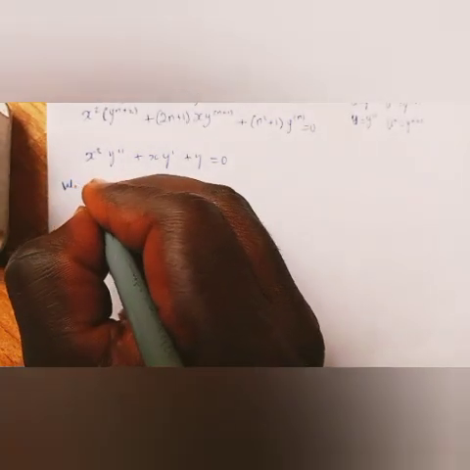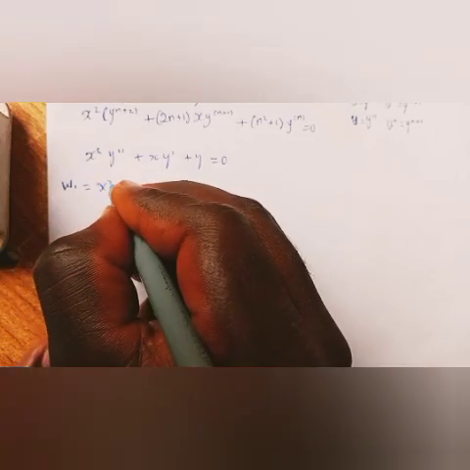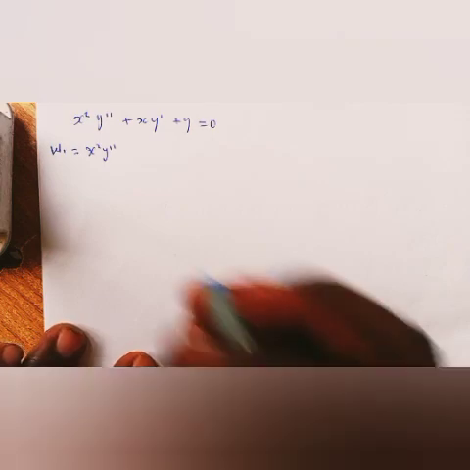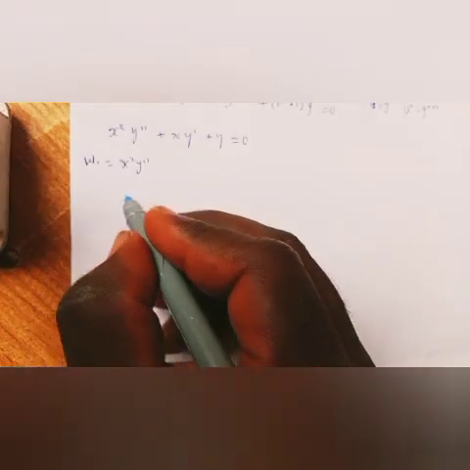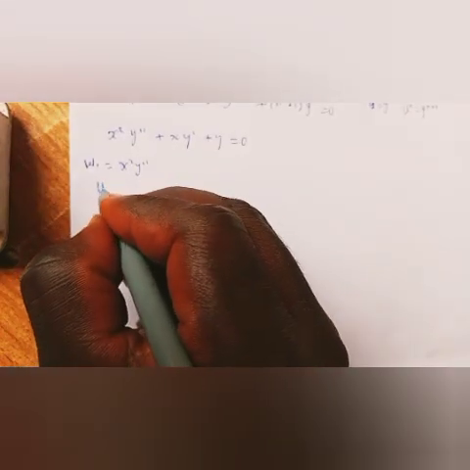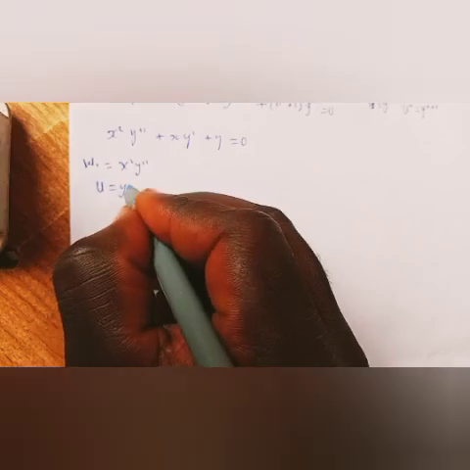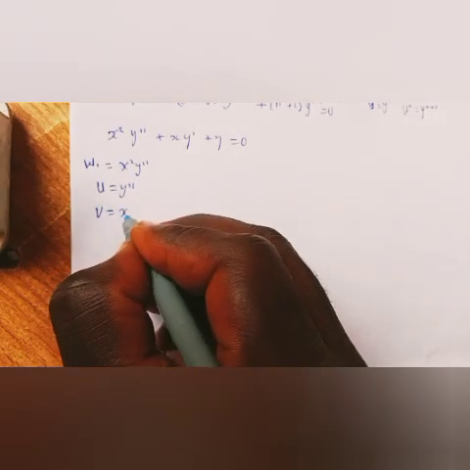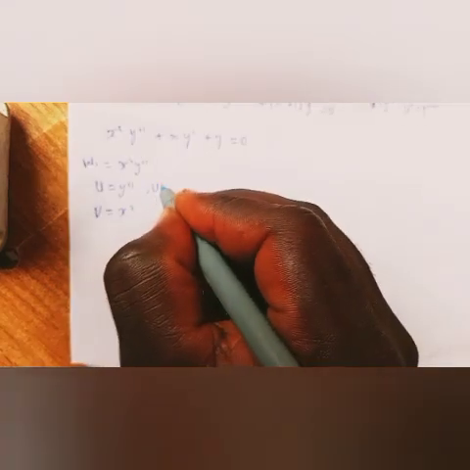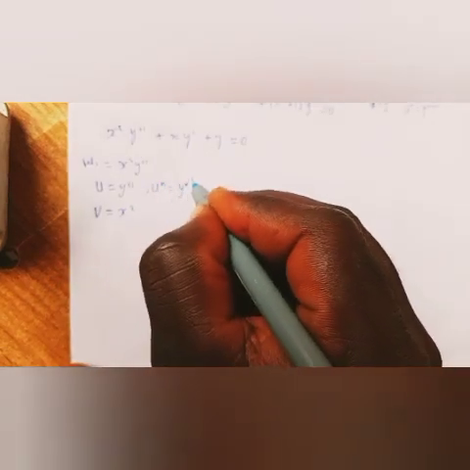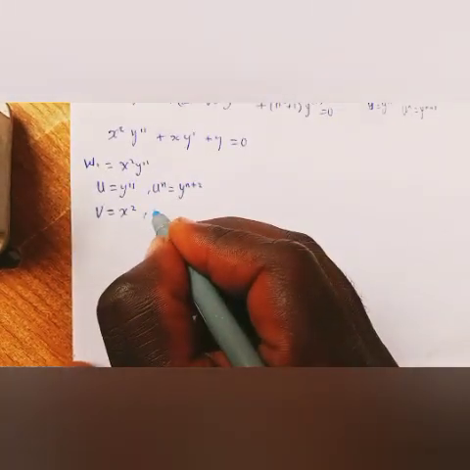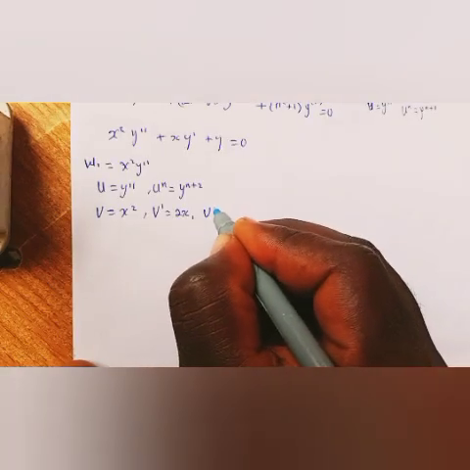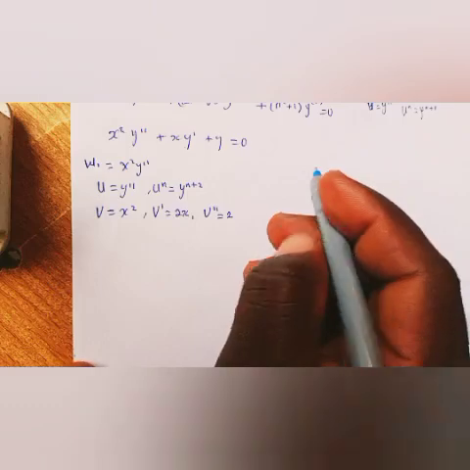My first term I will make equal to x² y''. That is my w1. Now from here, I can easily identify my u = y'' and v = x², so uⁿ gives us y^(n+2), then v1 gives us 2x, v2 gives us 2.